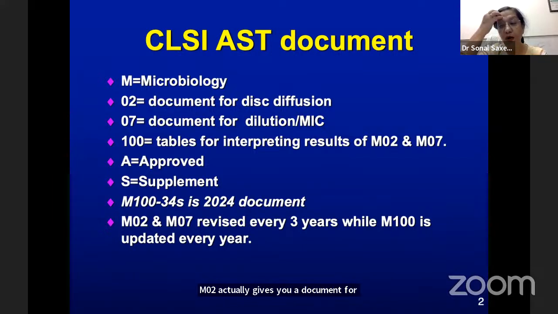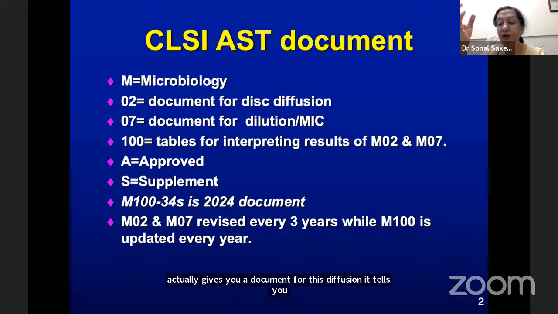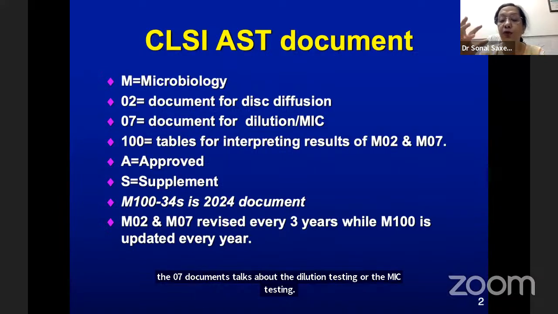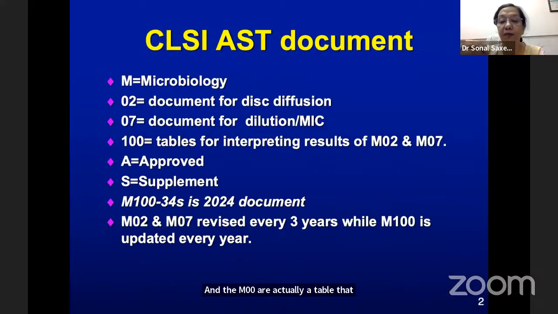It tells you what should be the media, the depth, the pH, the composition, how the disk should be prepared, and everything. Then the M07 document talks about dilution testing or MIC testing, and the M100 is actually a table that tells you, if you do these disk diffusions or these MICs, how you should interpret the results of M02 and M07.